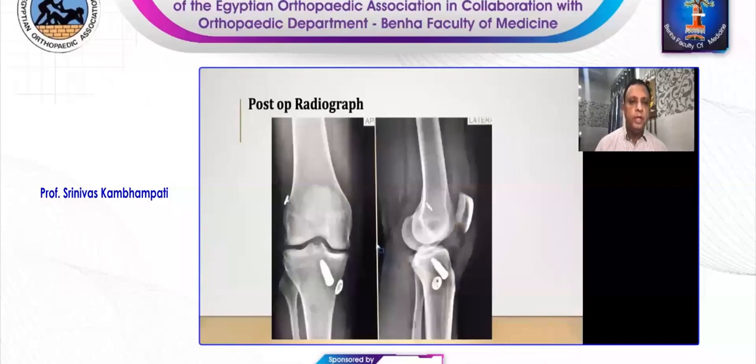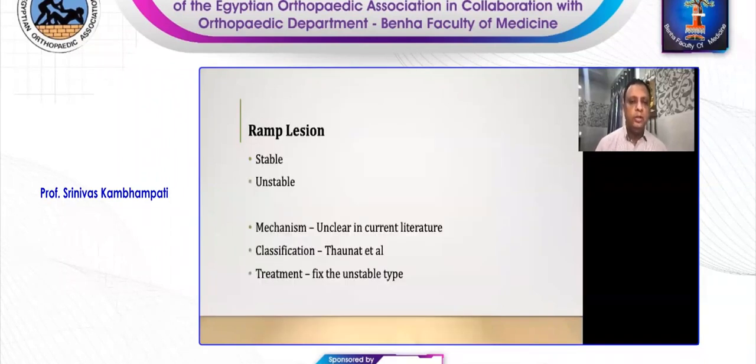This is a postoperative radiograph. ACL reconstruction was done. This suture disc was holding the fiber wire from the posterior aspect, holding the capsulosynovial junction to the posterior fractured surface.